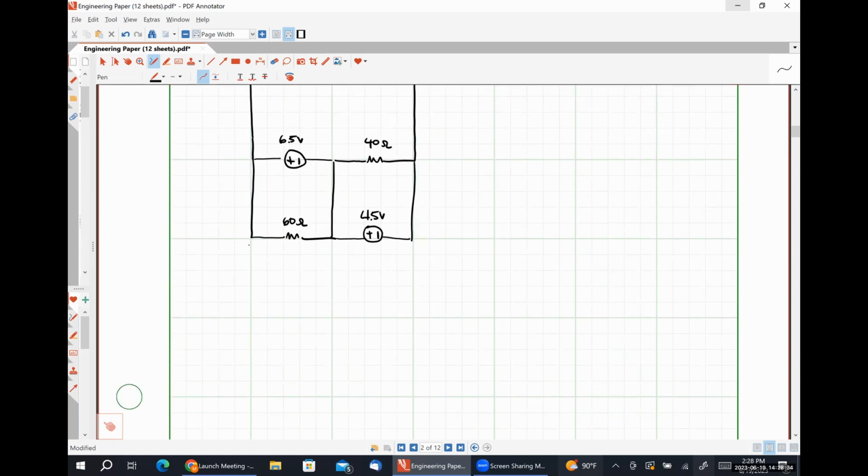And then we have a 30 ohm resistor here. Two and a half volts. And a 120 ohm resistor here. And then our ultimate goal for this particular problem would be to solve for this current IX.